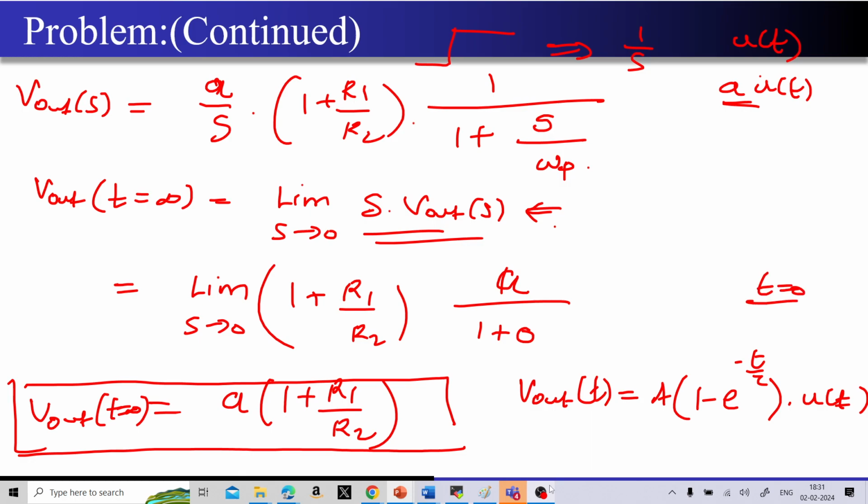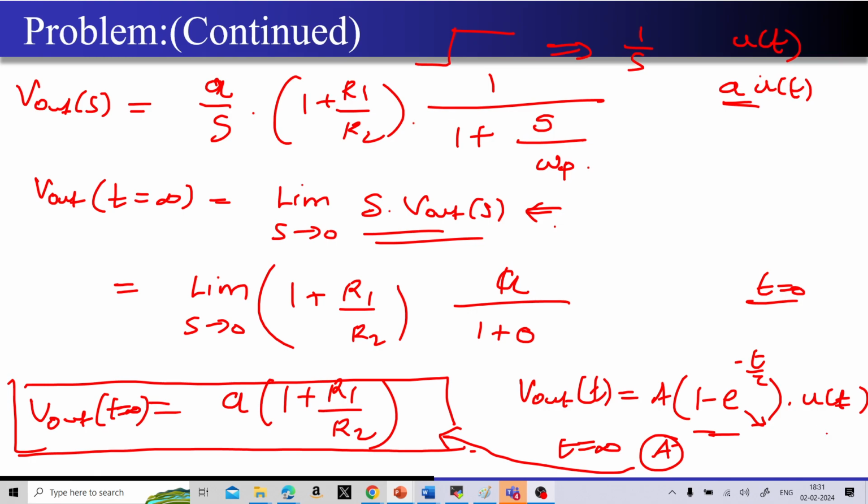So now we know the final value, right? How do we calculate the final value? If I put t equal to infinity, this exponential is just going to die down, and I will be left with just the value A. That value A is nothing but this particular value, right? I hope it is very much clear.